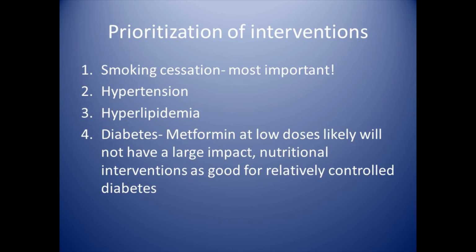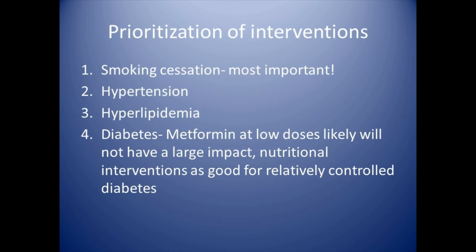Overall, it's really important to understand that there are many key elements and areas for intervention. And if there is one thing to do, we really want to highlight that encouraging patients to stop smoking would be the most important and have the greatest impact on their life expectancy.